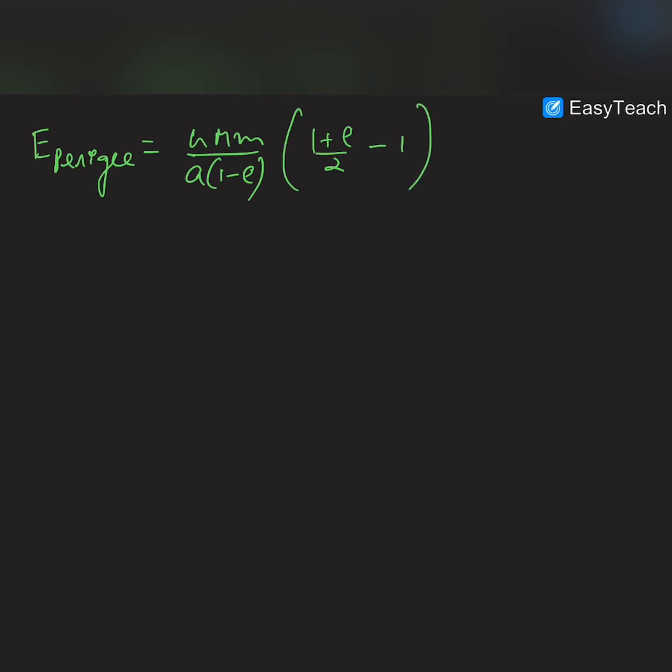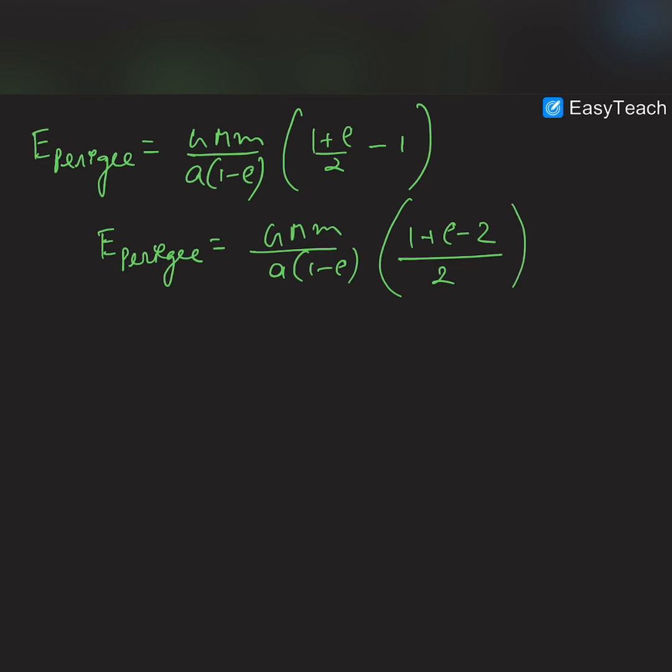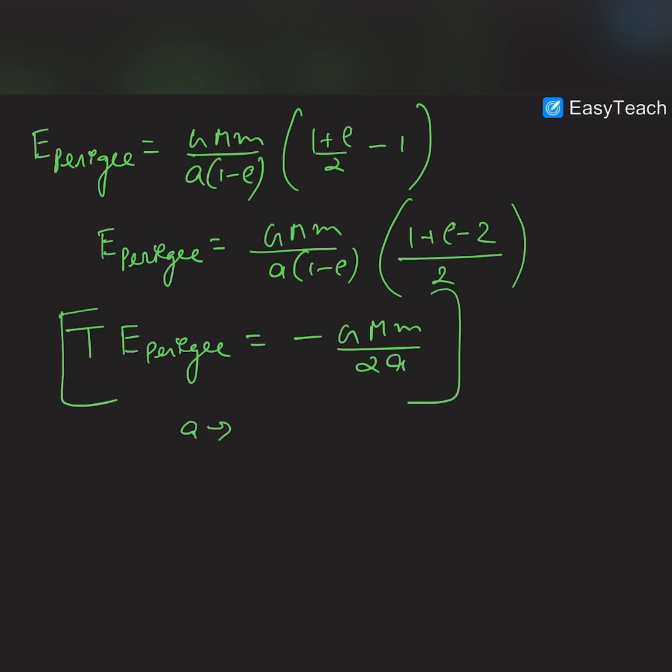So at perigee, you can see total energy is equal to GMm upon a into 1 minus e, into 1 plus e minus 2 upon 2. So total energy at perigee is equal to minus of GMm upon 2a, where a is the semi-major axis.